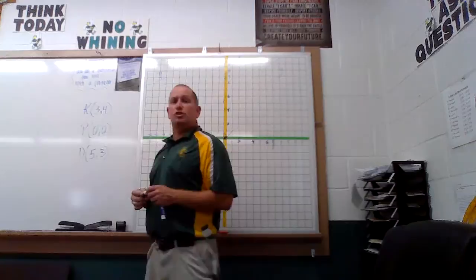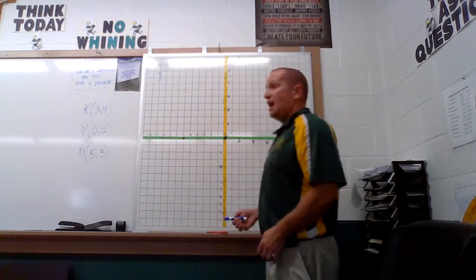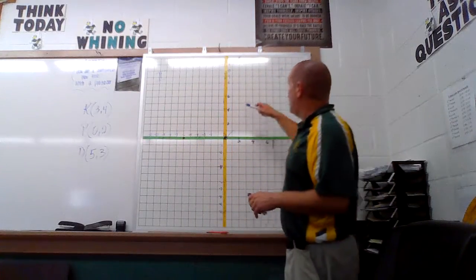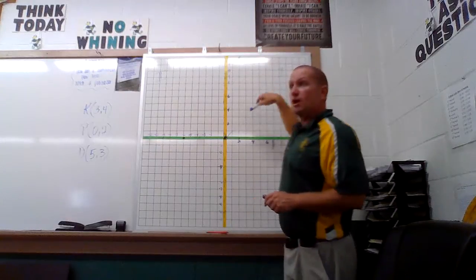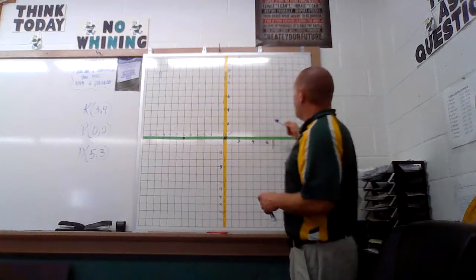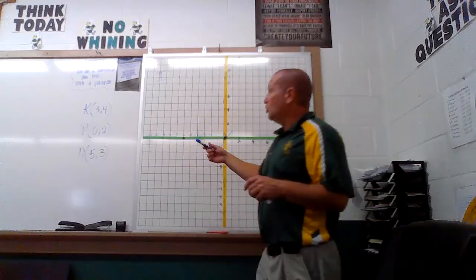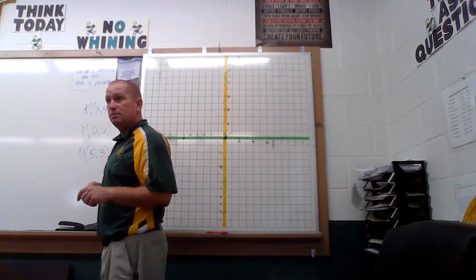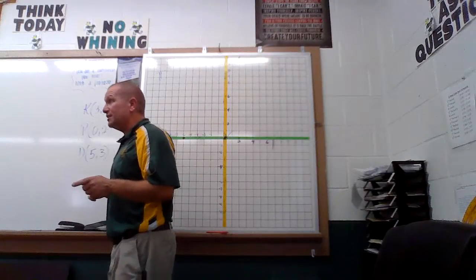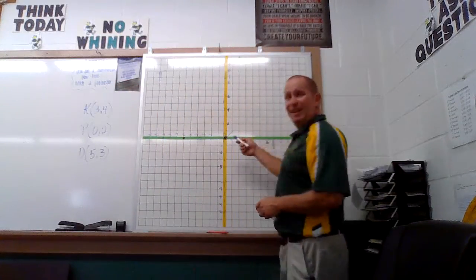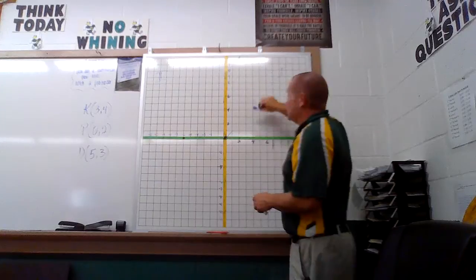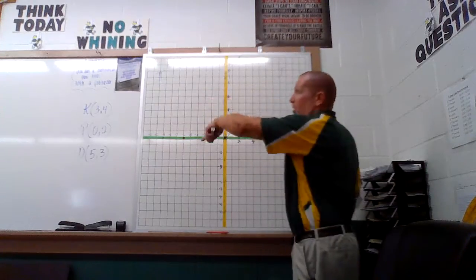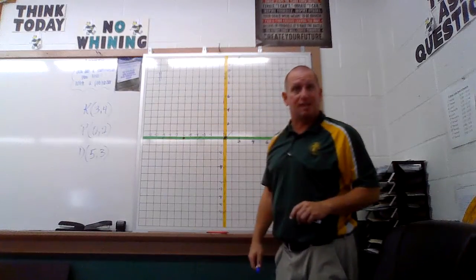So even though we introduced all of them today, I think this first section just focuses in on quadrant 1. If I look at quadrant 1, all of my coordinates inside, or my numbers, should all be what kind of numbers? Positive, right? Because to the right and up are both positive, and so every single number in all of our ordered pairs should be positive today.